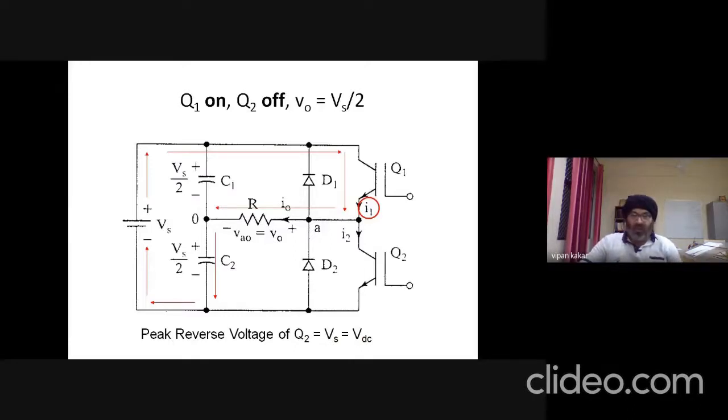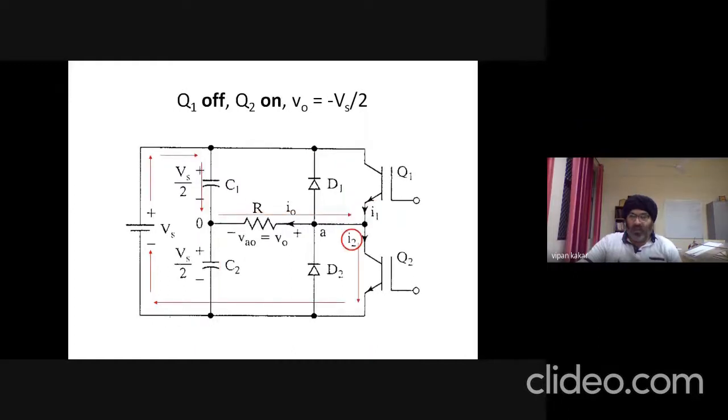So what will be the value of voltage across this load? It is half of the value of the supply. Whatever we have over here is now appearing at the load. So Vs divided by 2 will appear at the load.